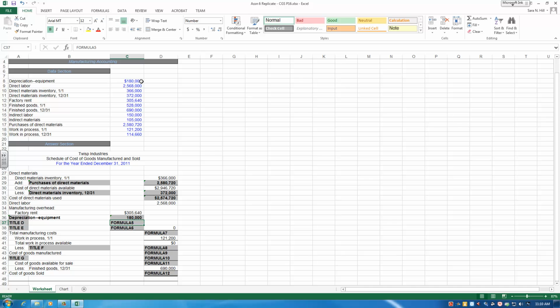Another thing, if you're looking up top, that we could grab as overhead would be the indirect labor. Okay, we're looking at A15. Let's grab our corresponding data.